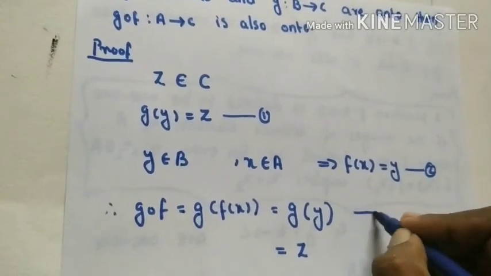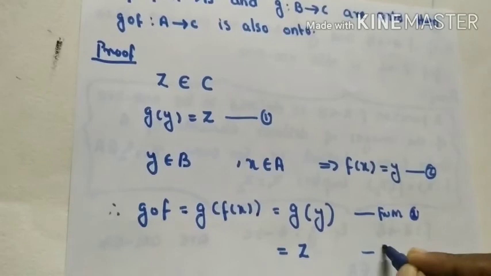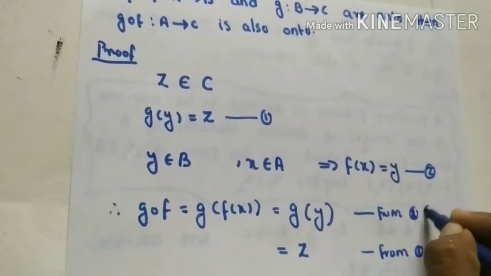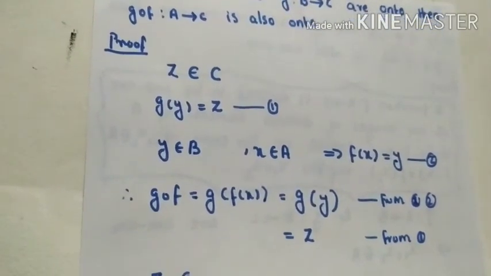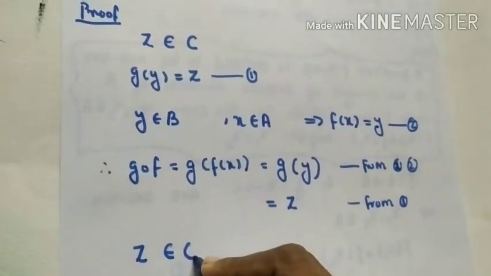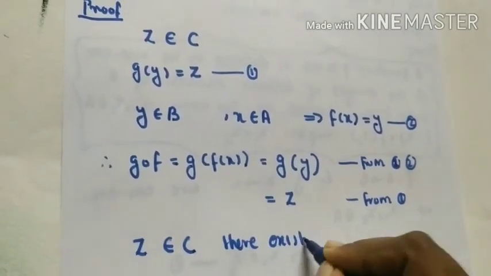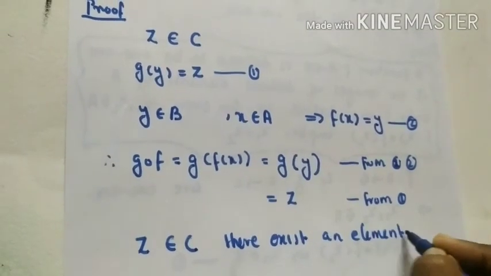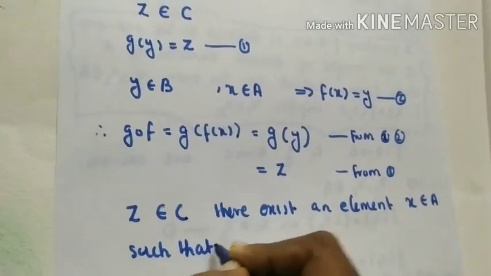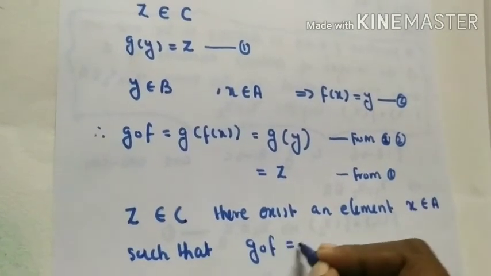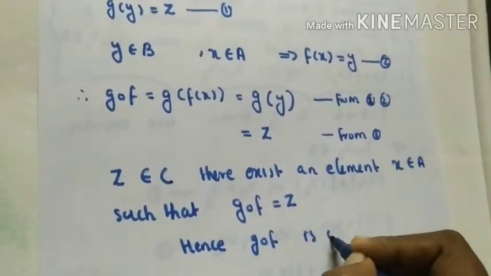Thus, corresponding to any element z in set C, there exists an element x in A such that g of f of x equal to z. Hence, g of f is onto.